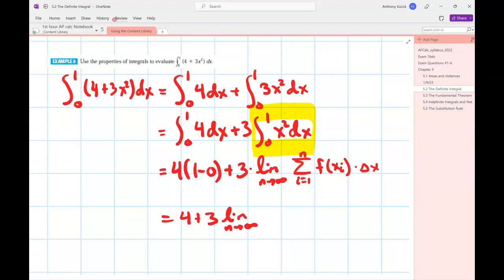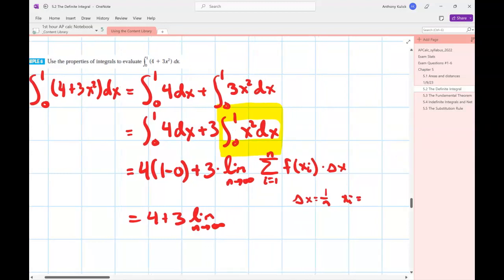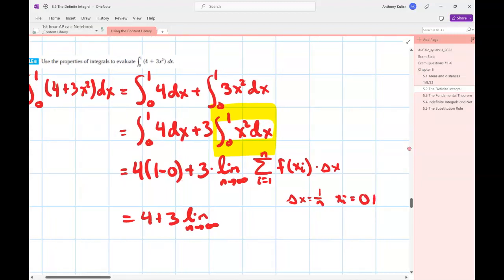So delta x in this case is going to be 1 over n, and xi would be in this case 0, which is a, plus i times 1 over n.